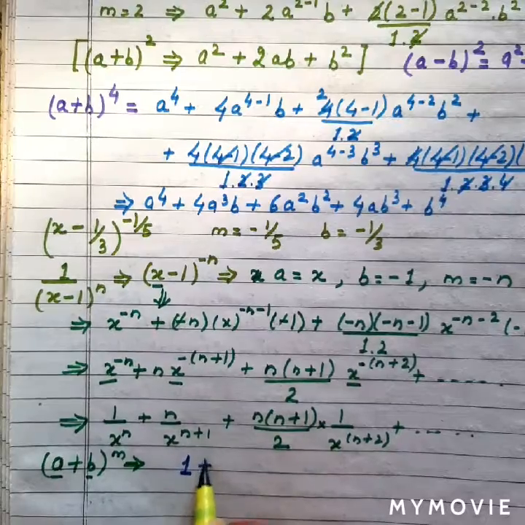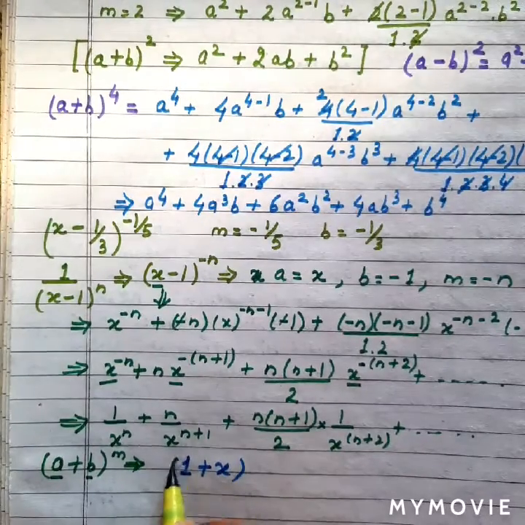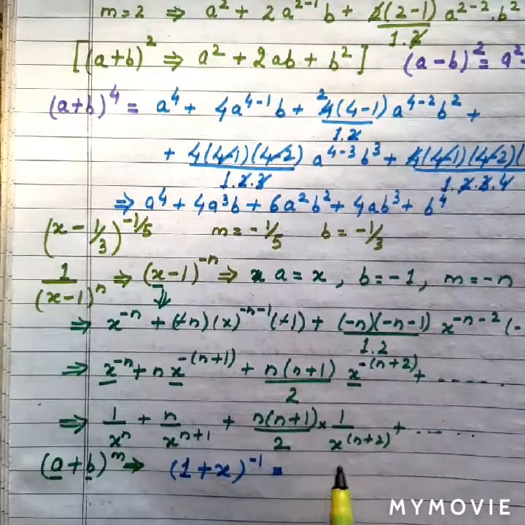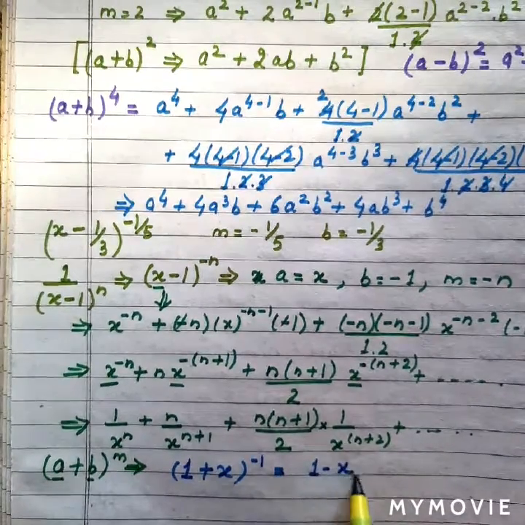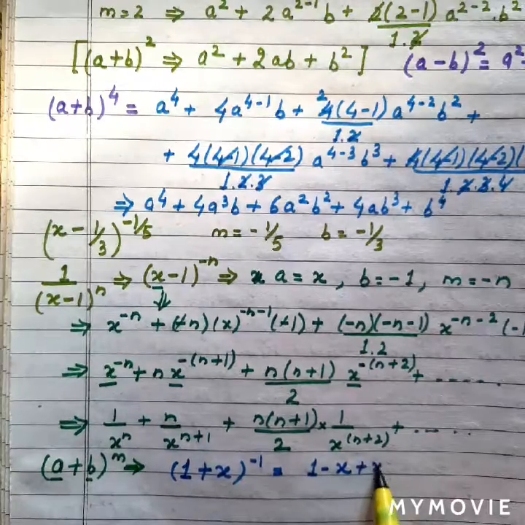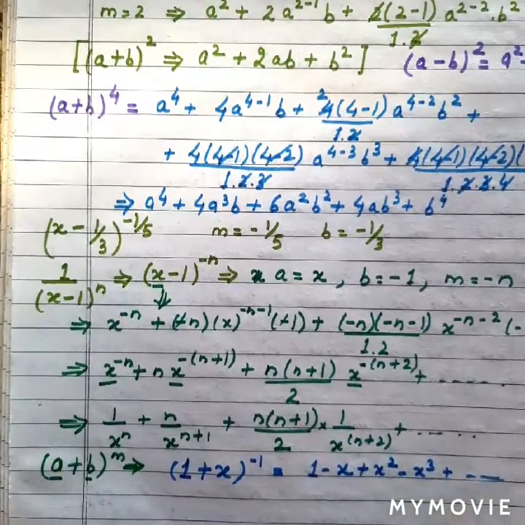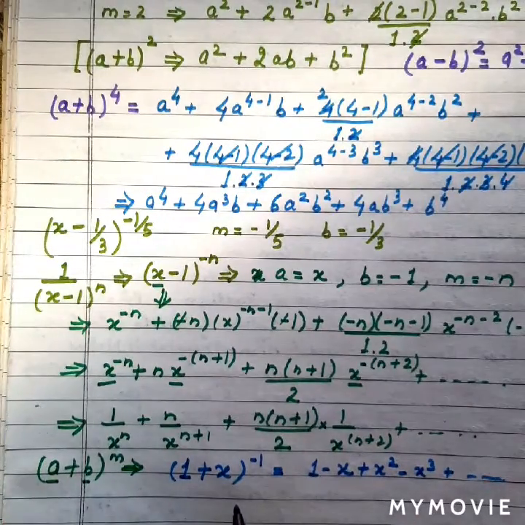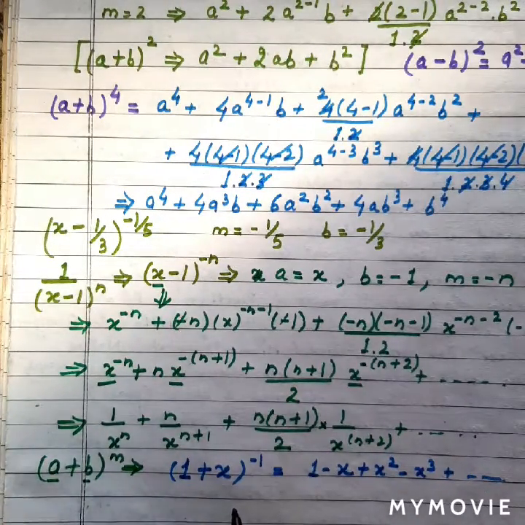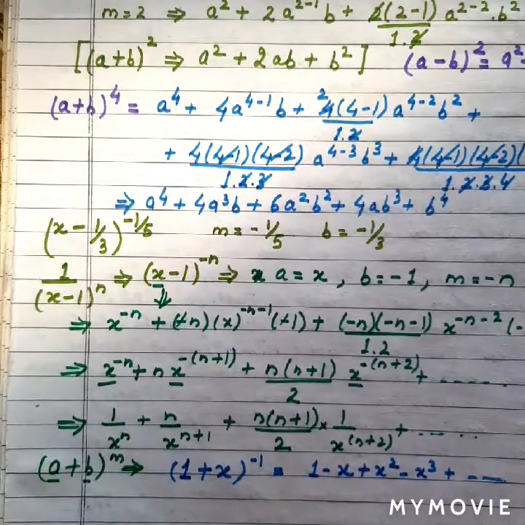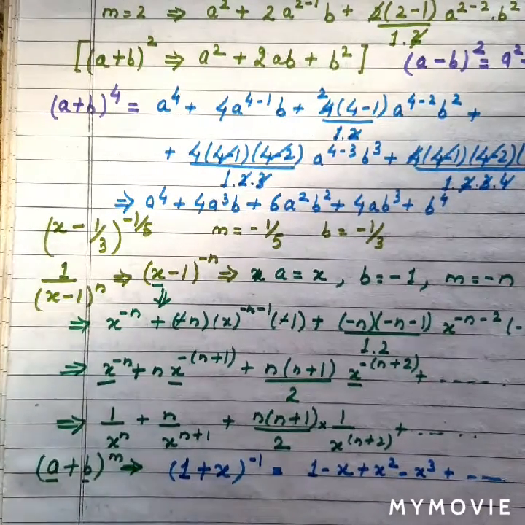You need to find 1 plus x raised to power minus 1, and this value will be equal to 1 minus x plus x square minus x cube, right? And just keep in mind that whenever you have a negative sign over there, then you will take b equal to minus that thing, okay?